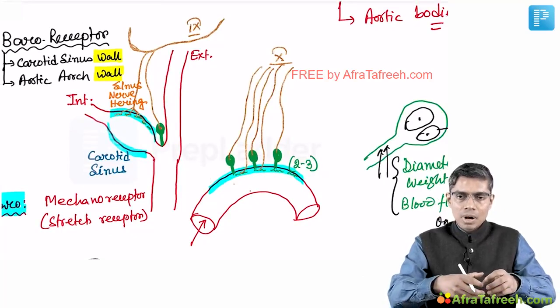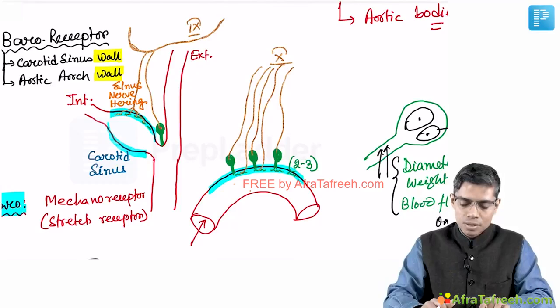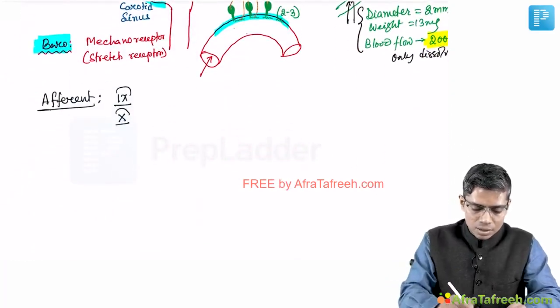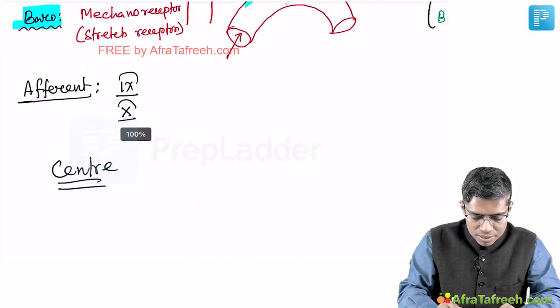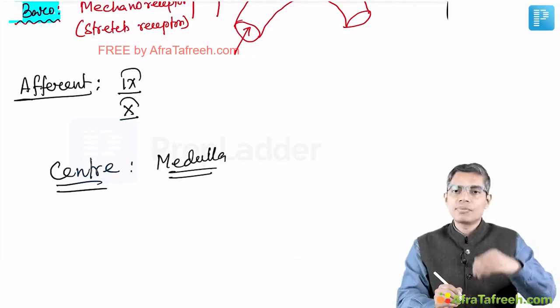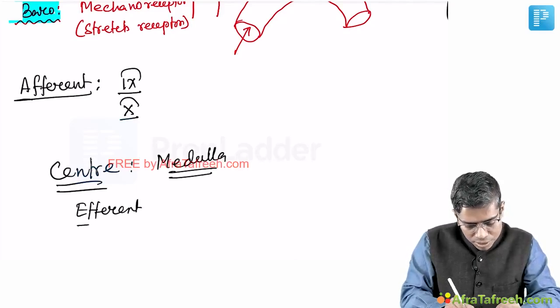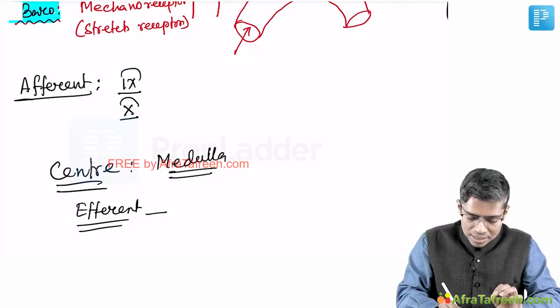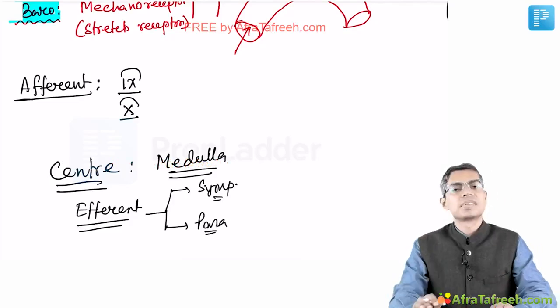Now the afferent will bring the sensation from the periphery to the center in the CNS. So if I ask you where the center of both the chemoreceptor and baroreceptor is located, the center of both is located at the level of the medulla. And from the medulla, the efferent through which the baro and chemoreceptors are going to act is nothing but your sympathetic system as well as your parasympathetic system, right?